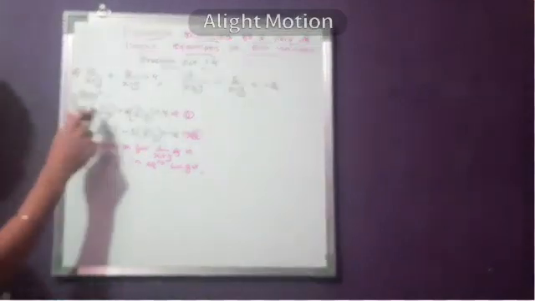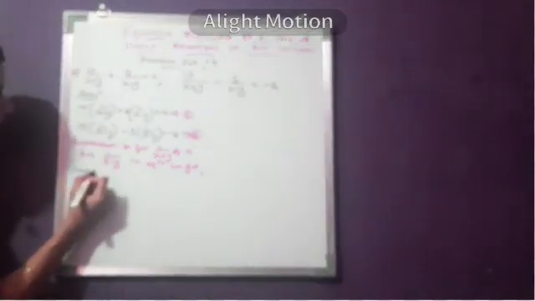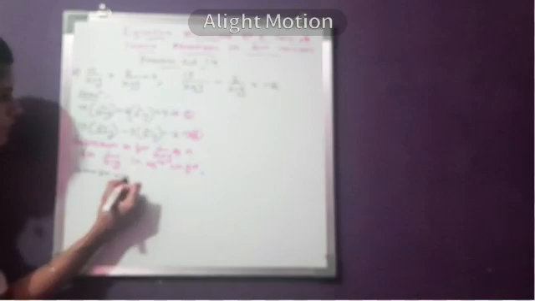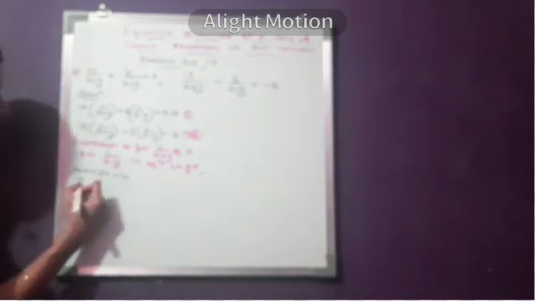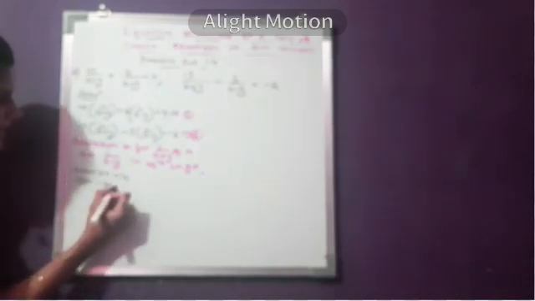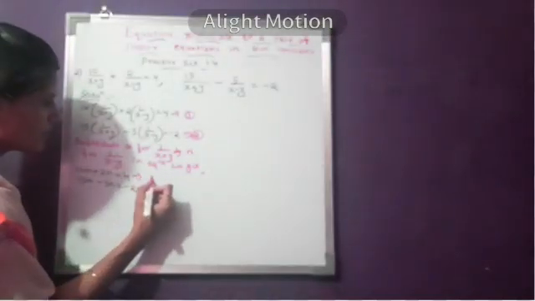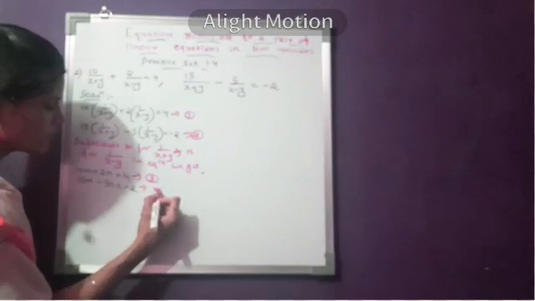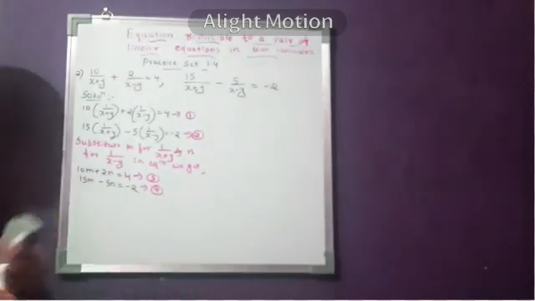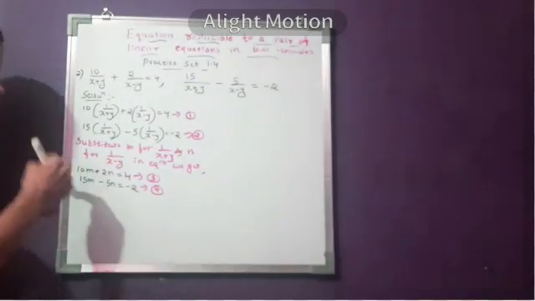We are going to get 10m plus 2n is equal to 4, and this one 15m minus 5n is equal to minus 2. So let this be equation number 3 and this be equation number 4. Observe the equations, my dear students. How can we solve?